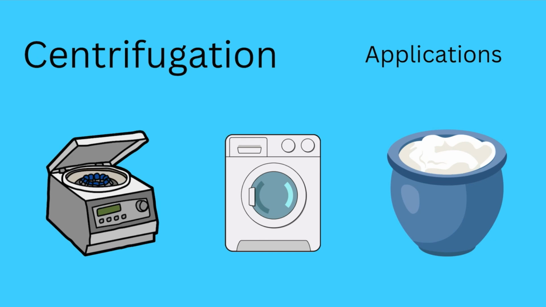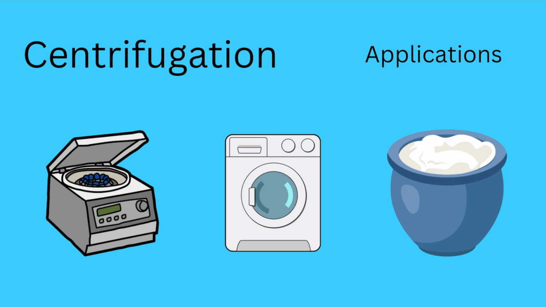But there are certain applications of centrifugation that are very important to us and that we have to learn. So the first example is that we can use centrifugation in lab tests. Okay, so for a medical lab test, you give a blood test, you give a urine test. In those cases, they have to separate some components from it.